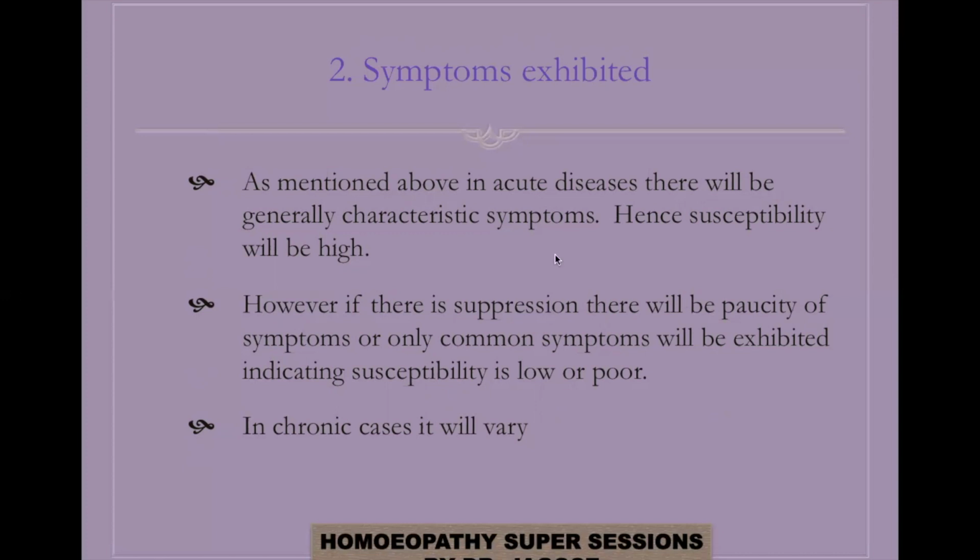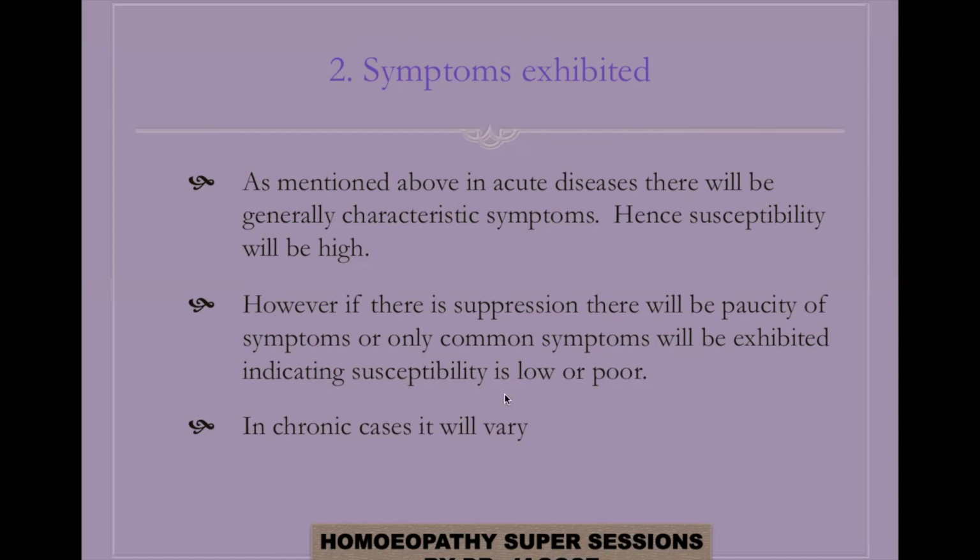So generally speaking, in an acute case, the symptoms exhibited are characteristic. But if in an acute case there is suppression, you'll only get common symptoms, indicating susceptibility is low or poor. This is of course a very rare instance, but I'm just mentioning it so that you can understand.